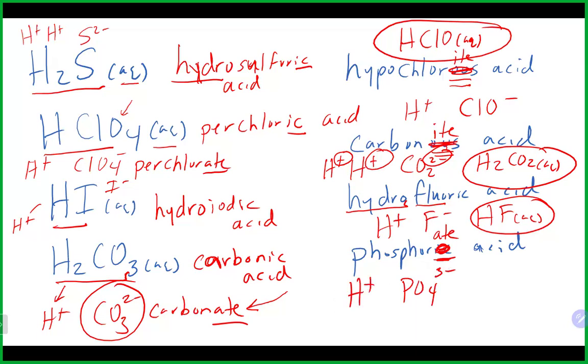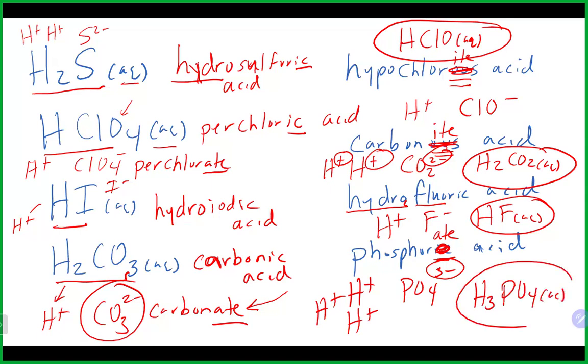How many hydrogens do I need to balance that out? I need not 1, not 2, but 3 of them, right, to balance out that -3 charge. That will give me a formula of H3PO4, and you will have your acid there. So again, acids: oxygen or no oxygen, hydro only for no oxygens, other guys polyatomic ions.